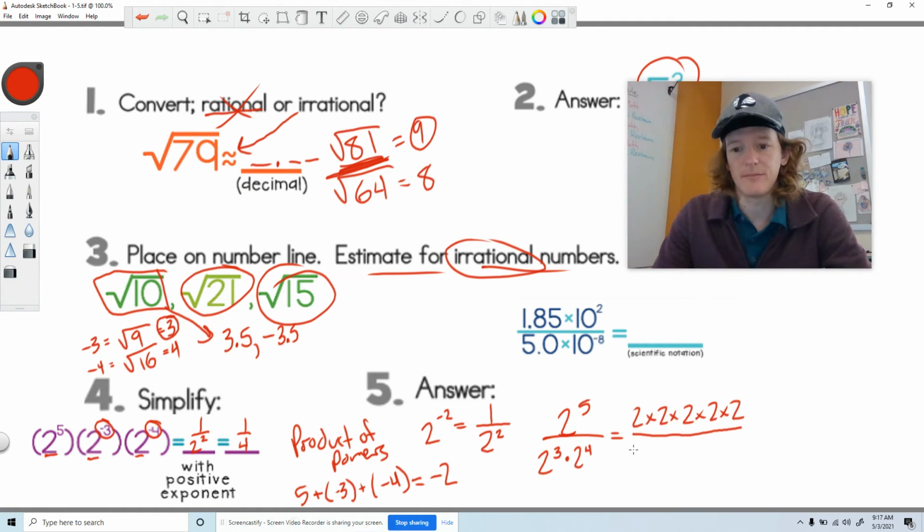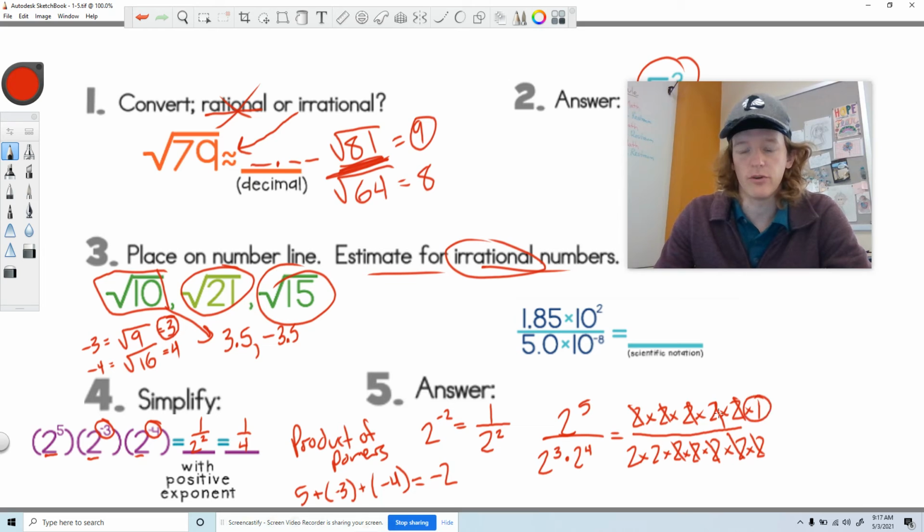We've got 7 on the denominator, 2 times 2 times 2 times 2 times 2 times 2 times 2. And we could start canceling these off. Canceled 5 of them off. This is also times 1, so we end up with 1 in the numerator and 4 in the denominator.